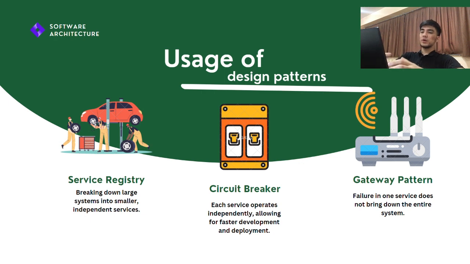Instead of needing to know where each service is located, they can just talk to the gateway, which handles all the routing behind the scenes. Additionally, it performs other tasks like authentication, authorization, and request transformation, simplifying the client experience and offloading common concerns from individual services. And so this is all about the implementation and usage of these design patterns like service registry, circuit breaker, and gateway pattern.